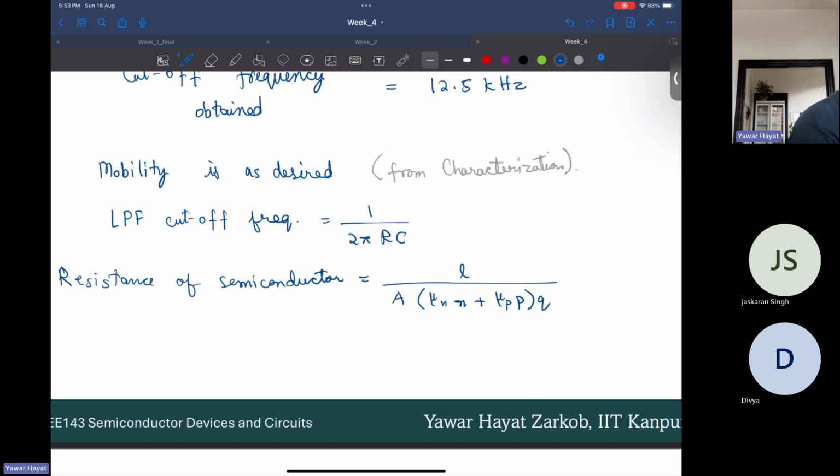Then let's assume p is less than n, and n is equal to nd.